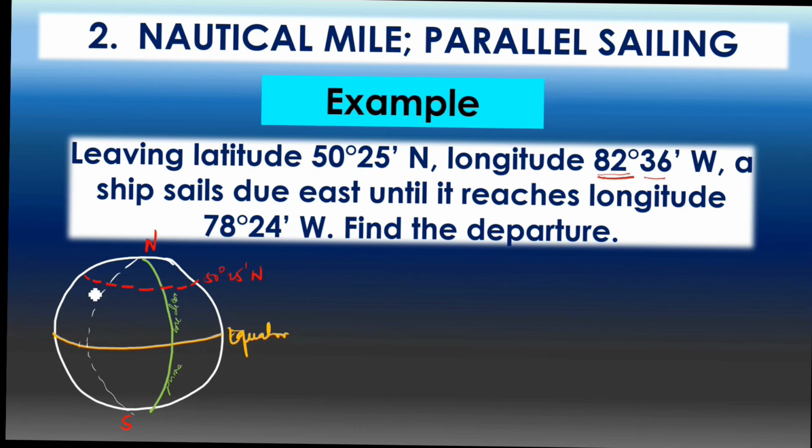So say that this is the 82. The point of intersection is this one. This is where the ship is before leaving. So this is the point A.